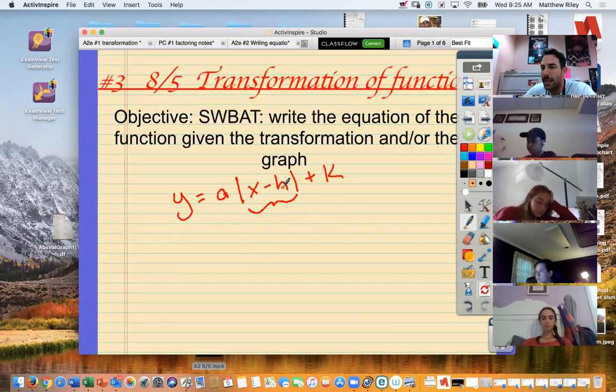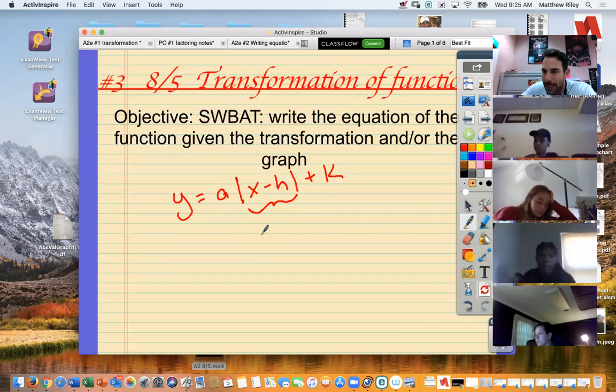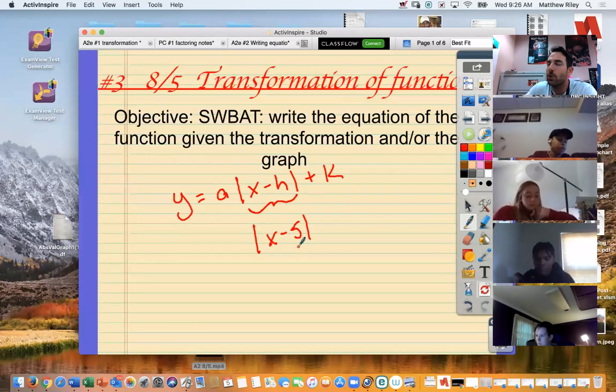So it always goes the opposite of that. For instance, if I had the absolute value of x minus 5, this would be right 5. The quick explanation is because it's what value of x makes this equal 0. The value of x that would make this 0 would be positive 5, and that's why it's really the opposite, okay?